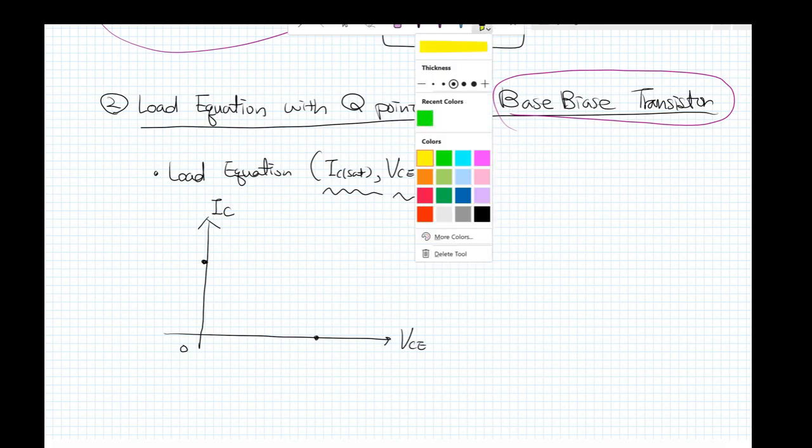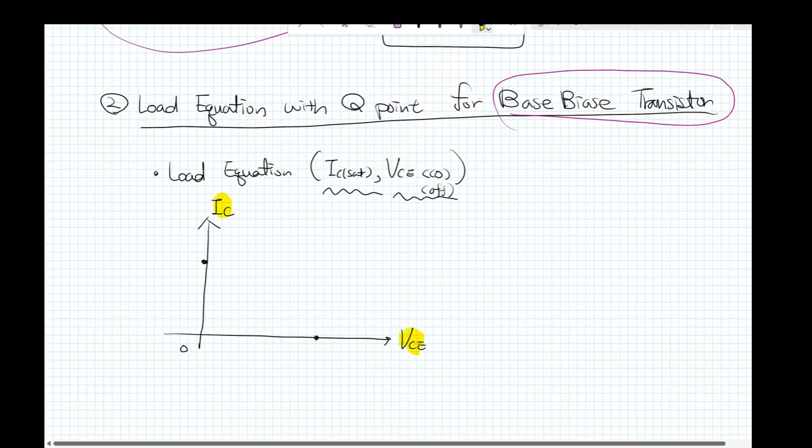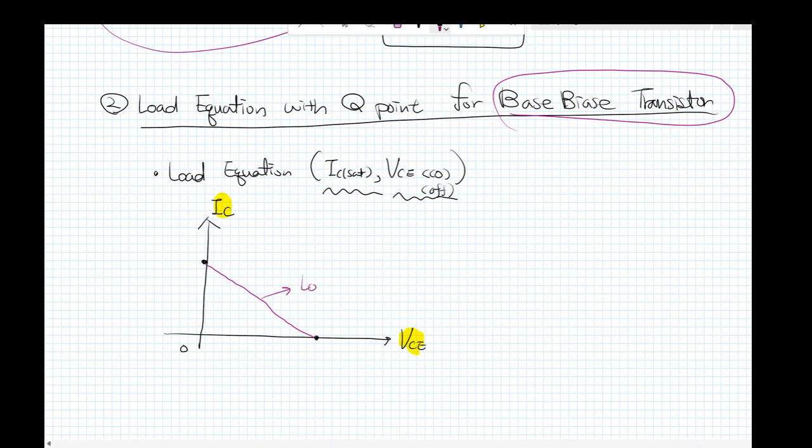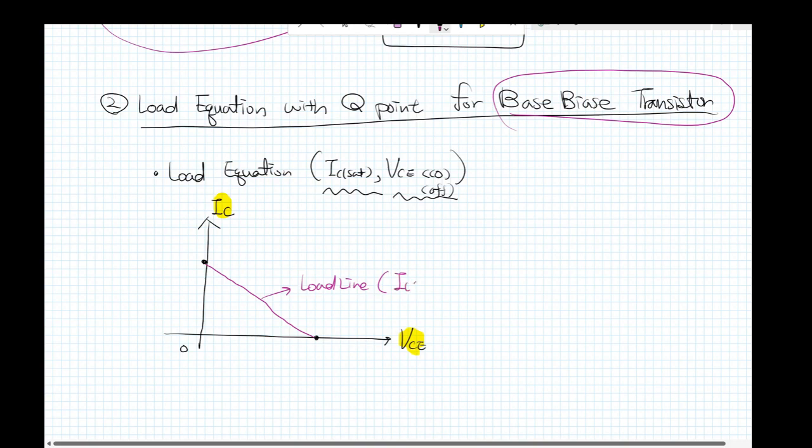To find the load line, which is linear, we need to find I sub C saturation and V sub CE cutoff.